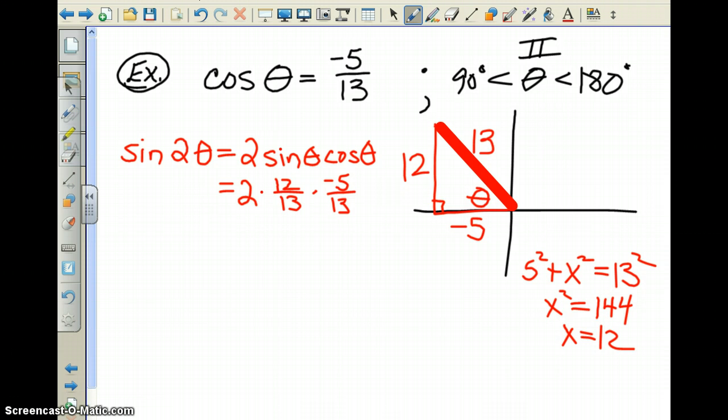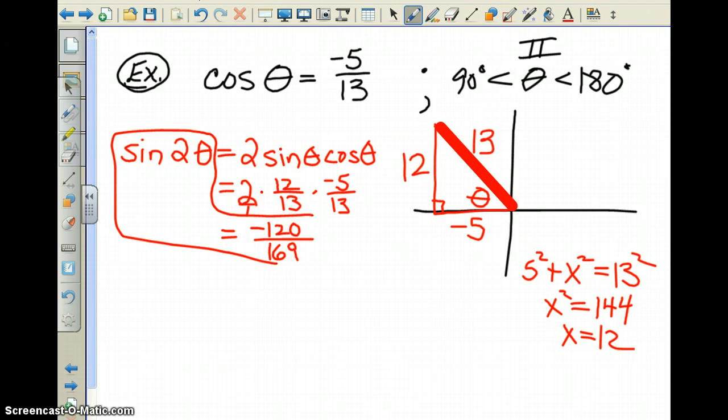And now it's just a matter of multiplying these three fractions together. In the numerators, 2 times 12 times negative 5 is negative 120. And in the denominators, 1 times 13 times 13 is 169. So that's how much sin of the angle doubled would be, negative 120 over 169.